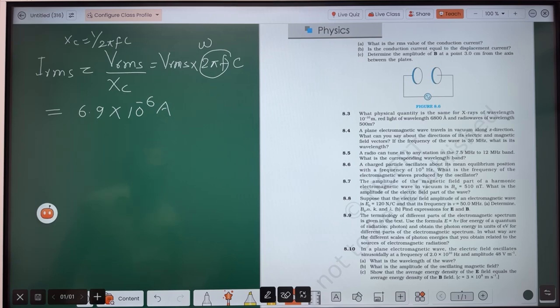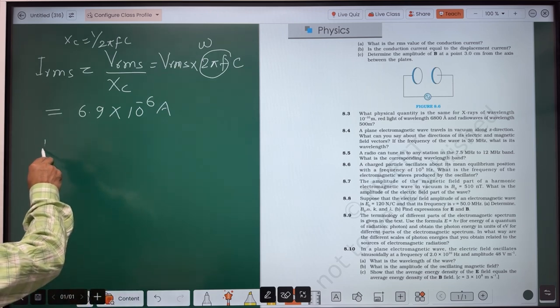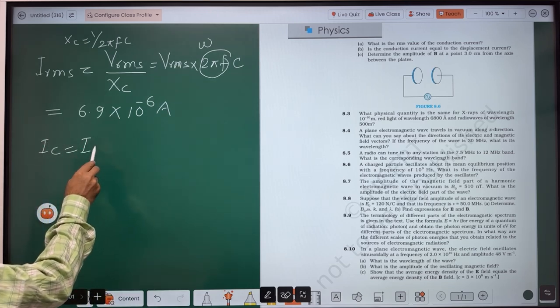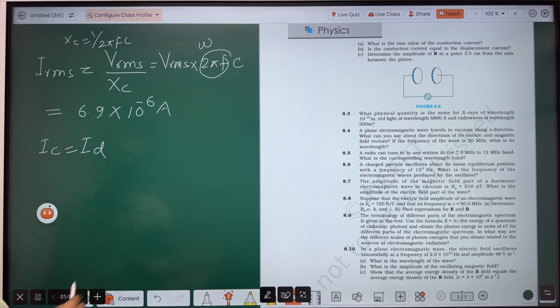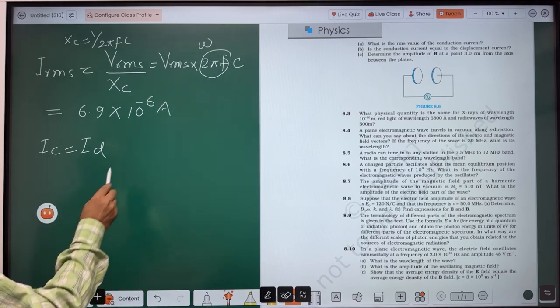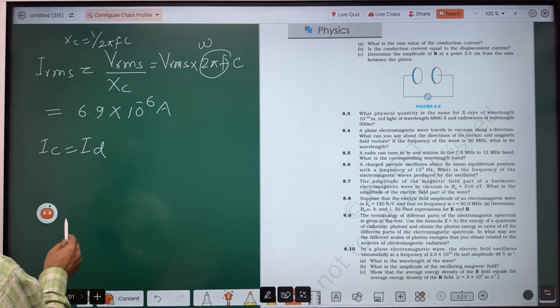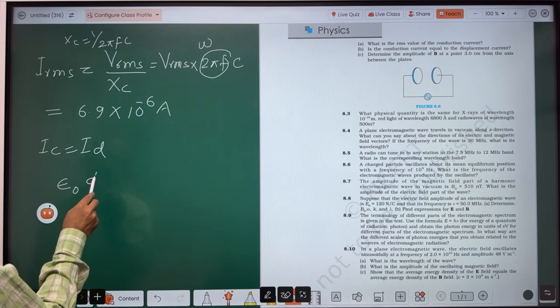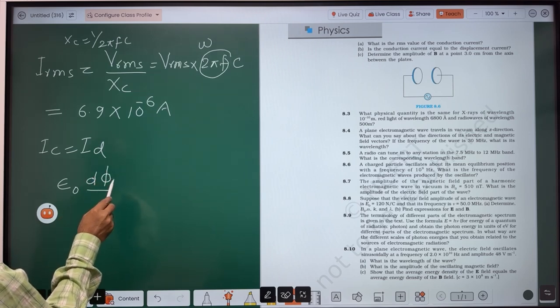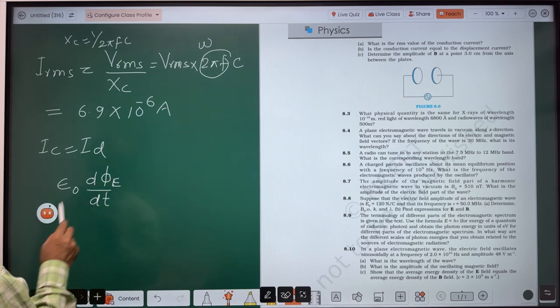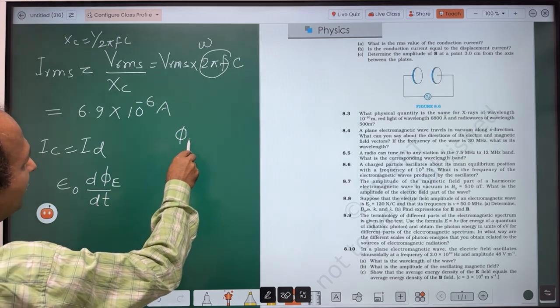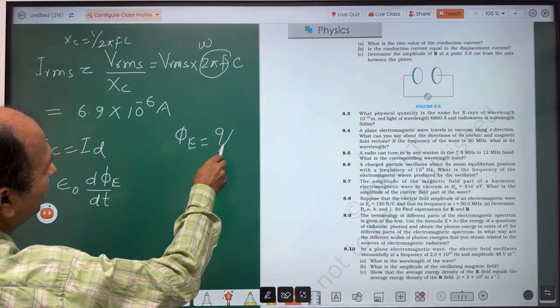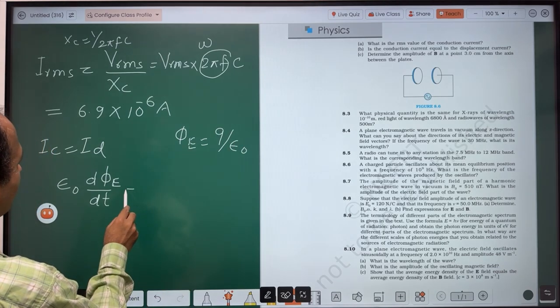And the second part: is the conduction current equal to displacement current? Yes, IC equal to ID. We have also proved it, because if you remember, I told you how to prove it. We can consider the expression for displacement current, given by epsilon naught d phi e divided by dt, and phi e from Gauss law is q upon epsilon naught.